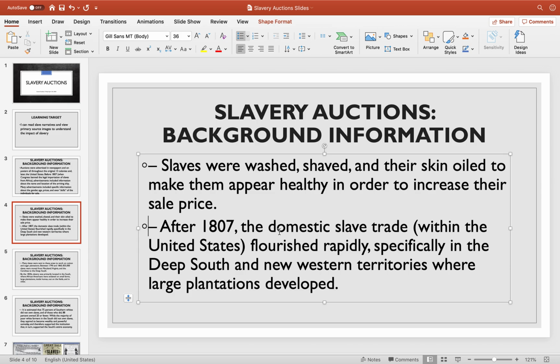In other words, the domestic slave trade within the country grew very fast, especially in the Deep South and some of those Western territories that we viewed in the previous lesson. Slaves were continuing to be bought and sold after 1807, even after that law was passed.